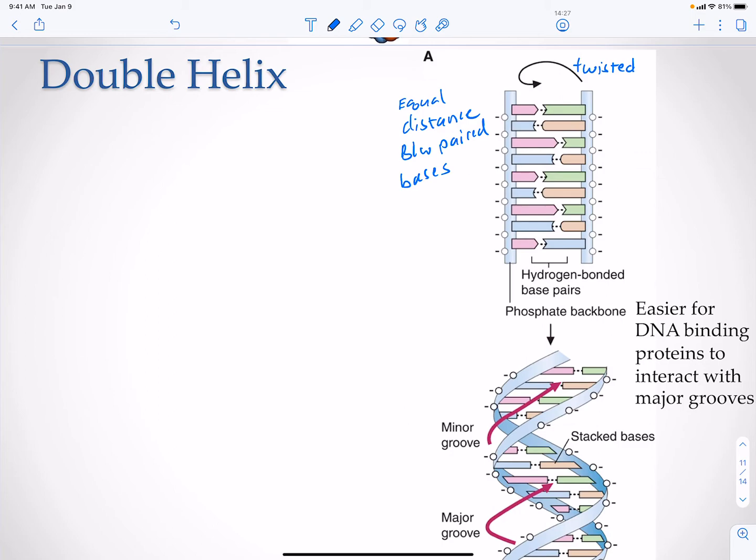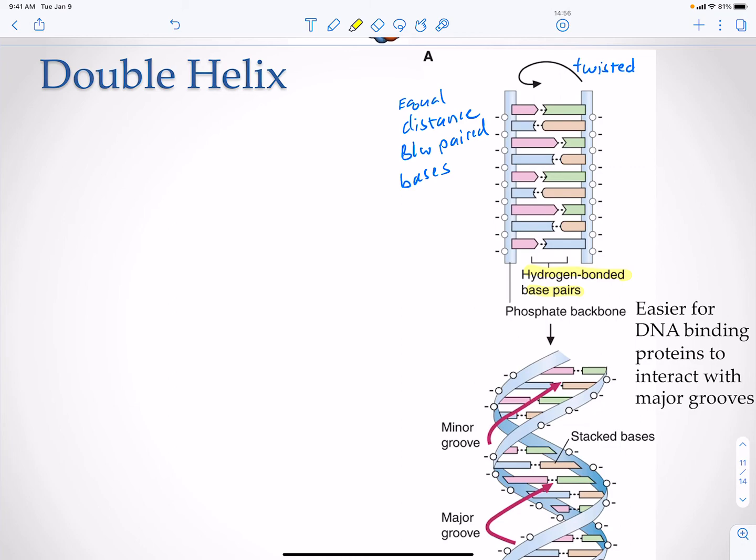So they get twisted at the top and bottom, and they're going to have a hydrogen bond that is going to give them what's called a stacking force. So they're hydrogen bonded base pairs. Now the hydroxyl group on the third carbon has an oxygen group, and its phosphate is going to dissociate at a physiologic pH.